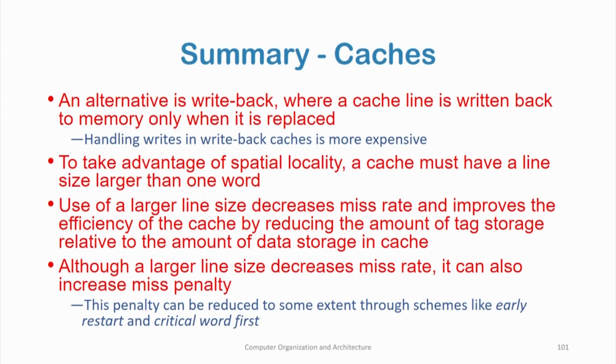Use of a larger line size decreases miss rate, as we understand why, and improves the efficiency of the cache by reducing the amount of tag storage relative to the amount of data storage in cache. Now, when each word is a block, when I am bringing data corresponding to each line in cache, I have to have the tag field. So, I need separate tag storage for the cache.